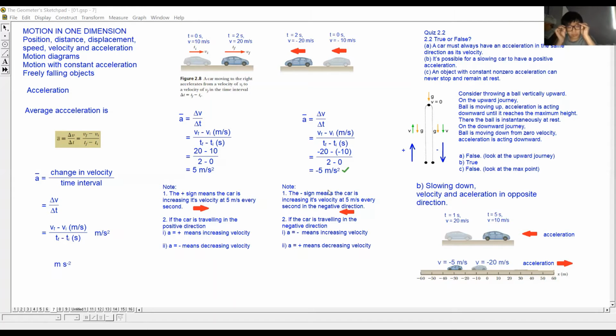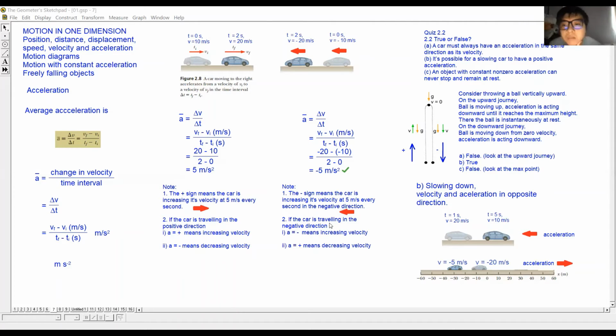It is in the opposite way. So over here, the negative sign means the car is increasing its velocity at 5 meters per second for every second in the negative direction.